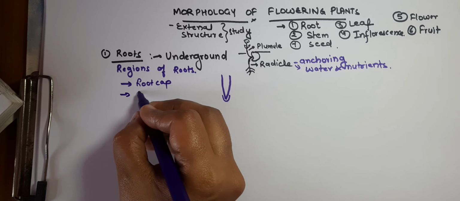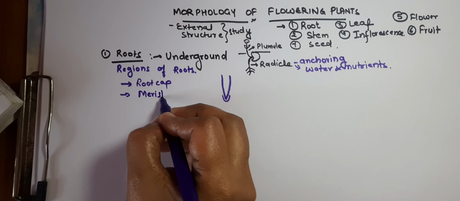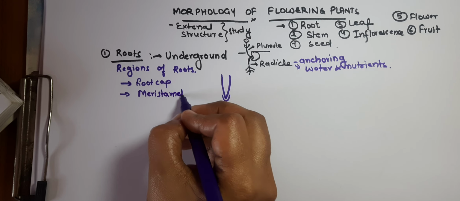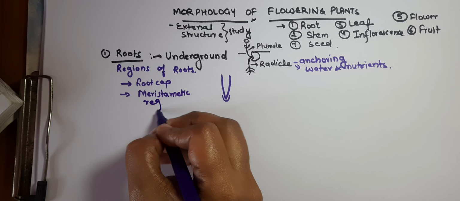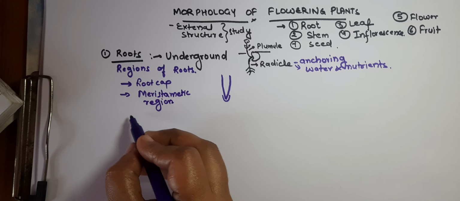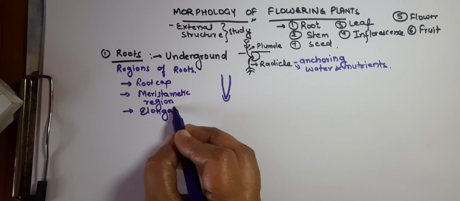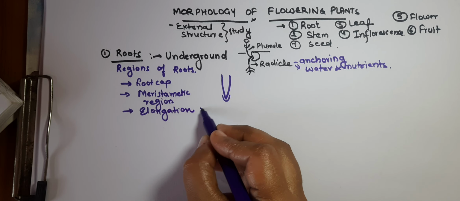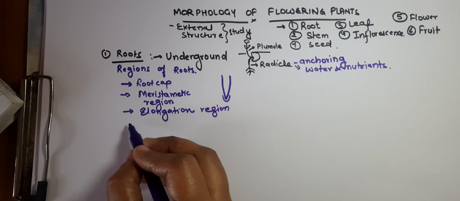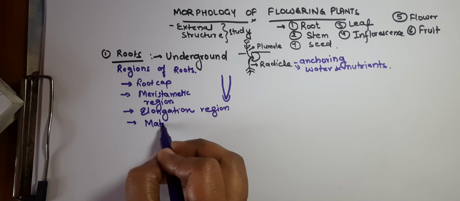The second one is the meristematic region. Then there is the elongation zone or elongation region, and then the maturation region.